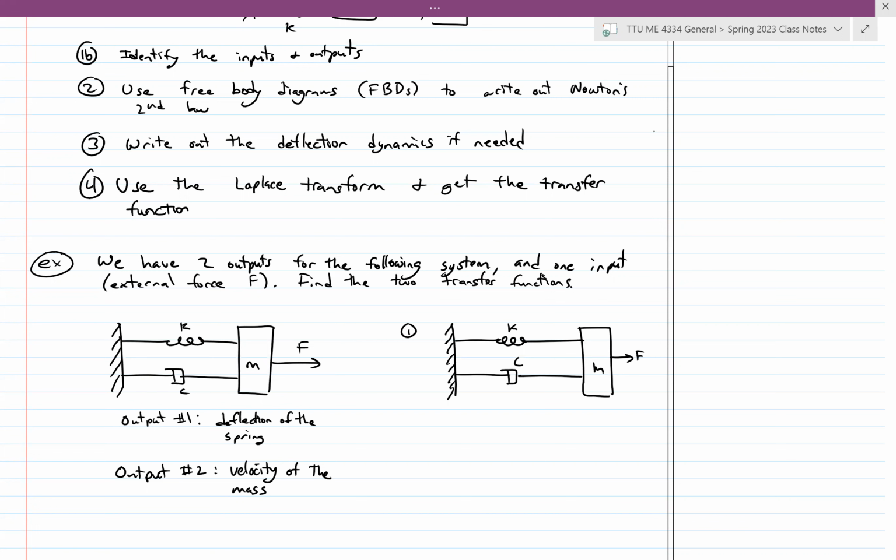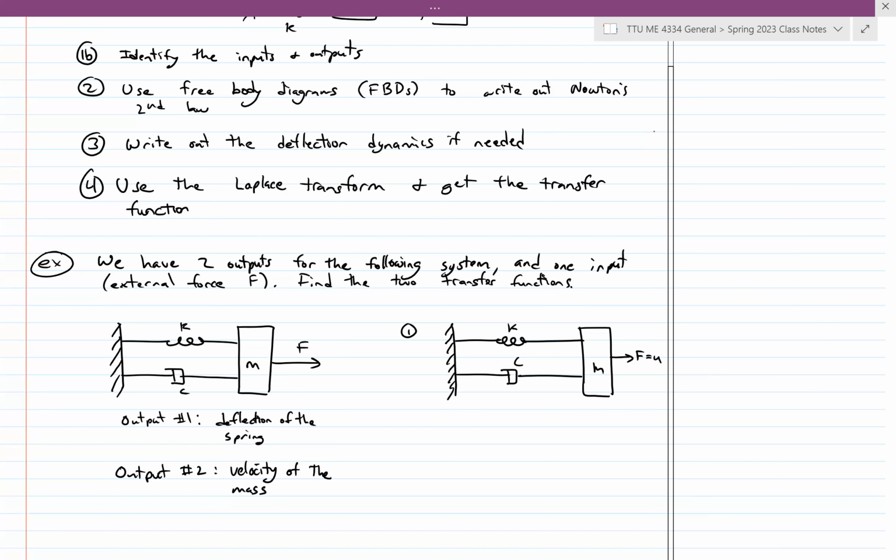What variable have we typically used for our control input? U, right? And then we have two outputs, which we need to take a second to actually define.